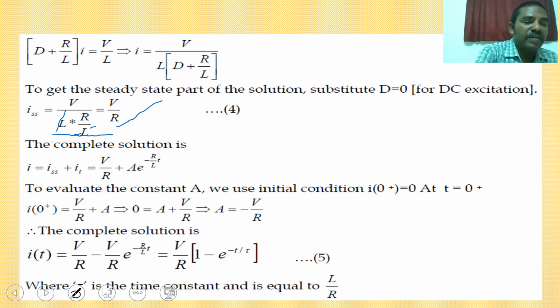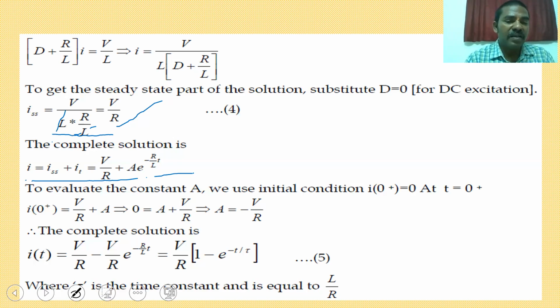The complete solution is the steady state value plus the transient response value, so V by R plus A into e power minus R by L into t. Now for finding the value of A, I am substituting the t equal to 0 plus condition.